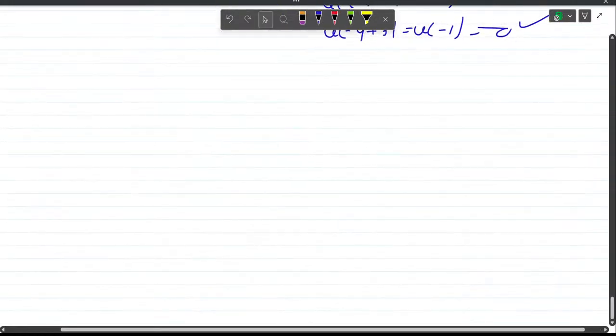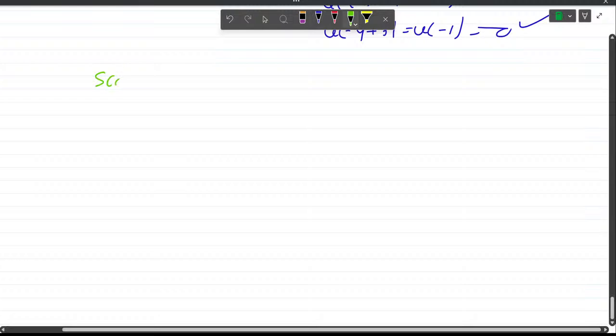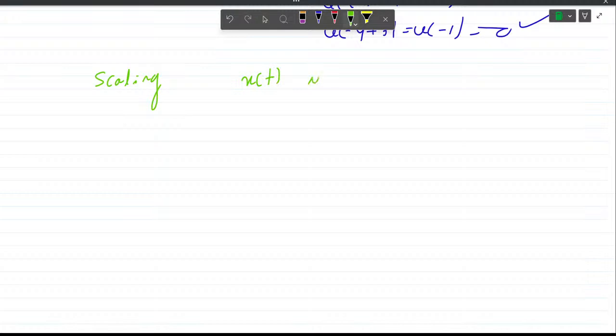Let us move to the scaling operation. Let x of t be your signal. Scaling operation is defined as x of alpha t, where alpha can be positive or negative.